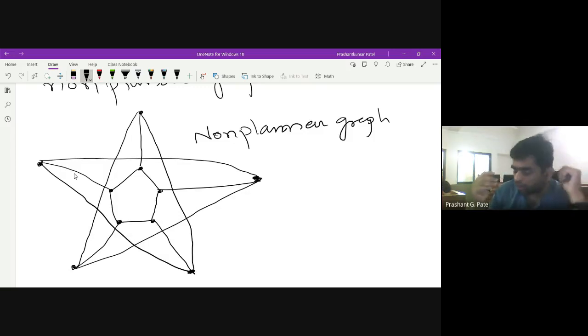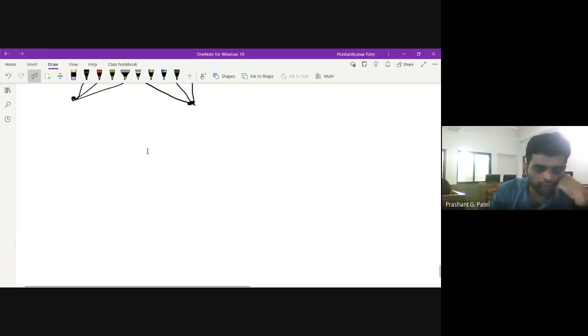There are lots of results that already exist in the literature, which tell you whether a graph is planar or non-planar. For that, you should understand what you mean by embedding.